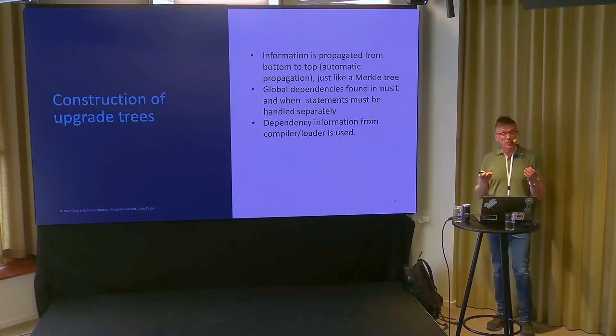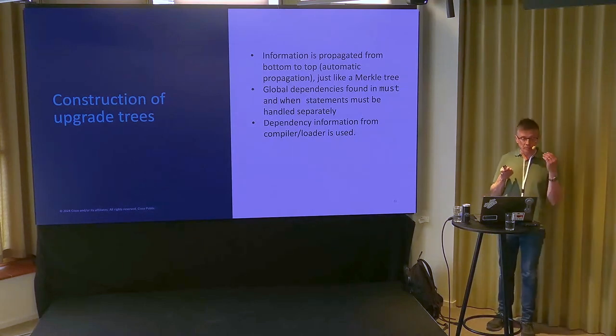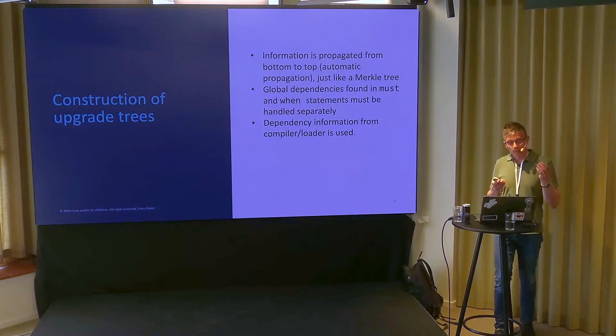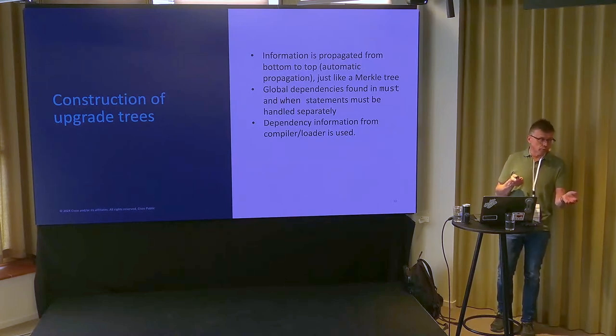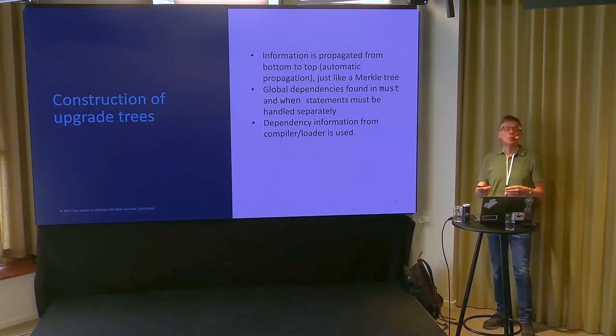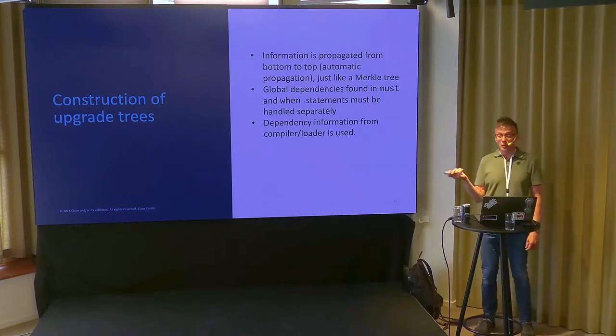It is provided by the compiler, and if the compiler is not able to provide us with that information, we make sure that the corresponding validation constraint is re-evaluated. But in most cases, we have that information, which is nice.